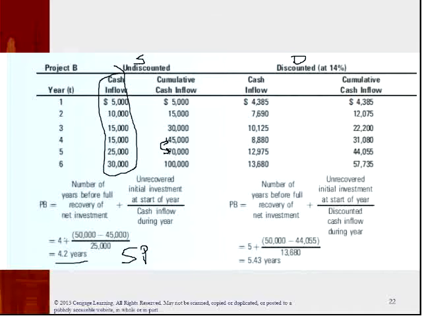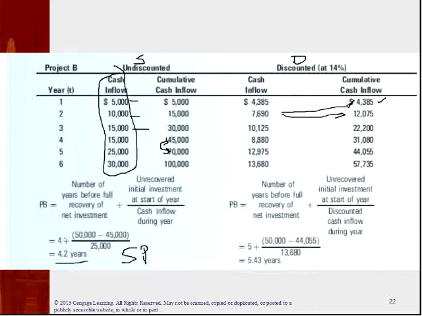Okay. Now, discounted cash flow, what you do again, it's the same thing. You calculate the present value of each of these, and then you accumulate the cash inflow. You see here? Adding this to this, because this is discounted is a lot better, gives you this, and so on.